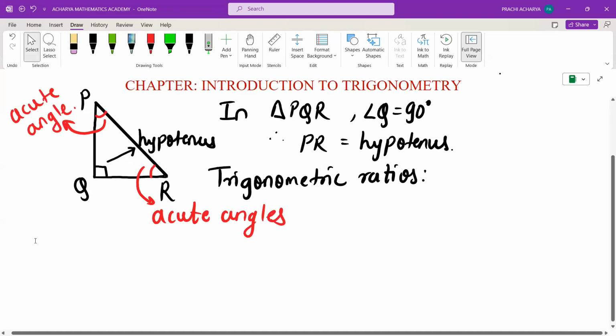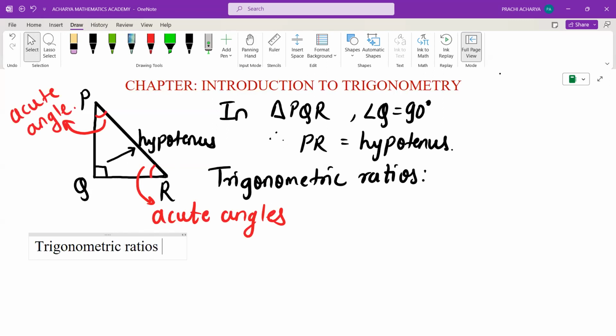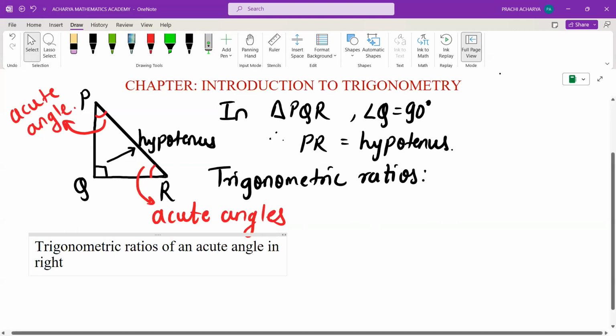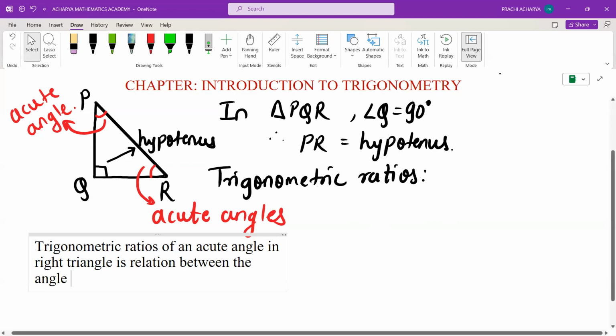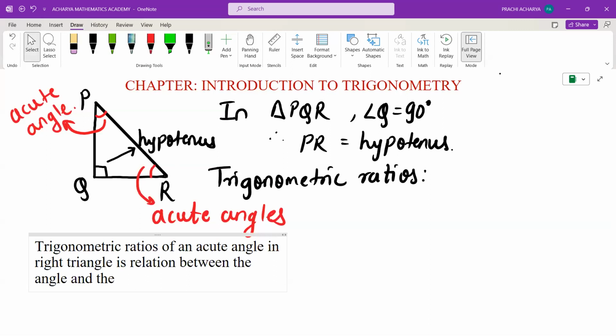So in short, we can write that trigonometric ratios of an acute angle in a right angle triangle, or you can say in a right triangle, is a relation between the angle and the length of its sides.